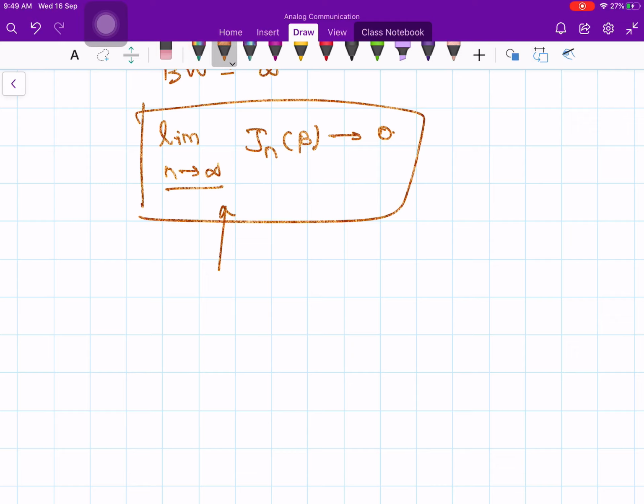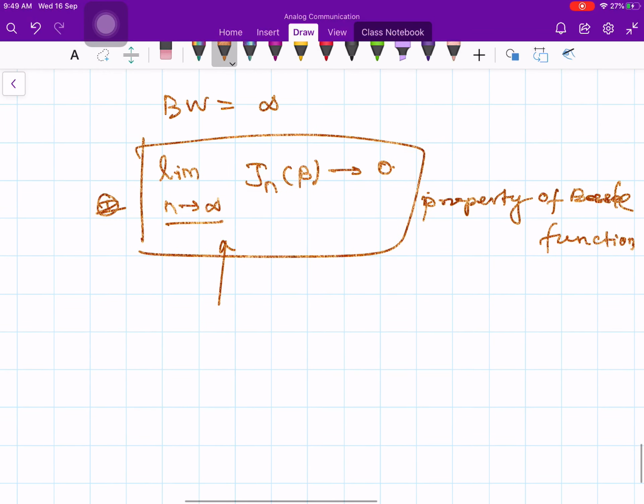So this is the property of Bessel functions. I think I didn't mention this in the last lecture. Limit n goes to infinity, then Jn of beta tends to 0.